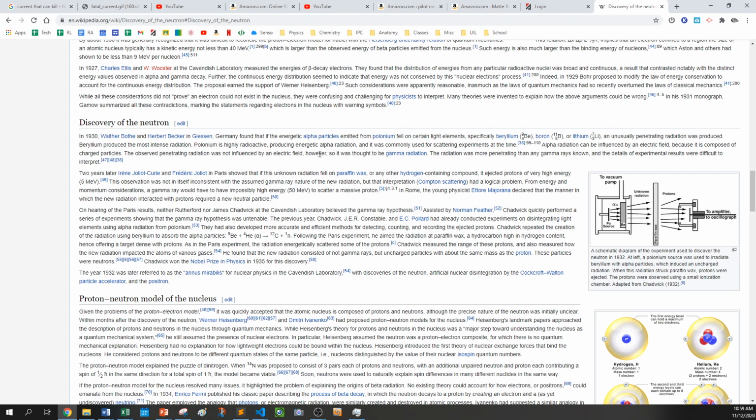It's actually easy to make. It's one of the most common types of radiation from radioactive material. We have beta particles, which are just electrons, and gamma radiation. So mostly 3 types of radiation.